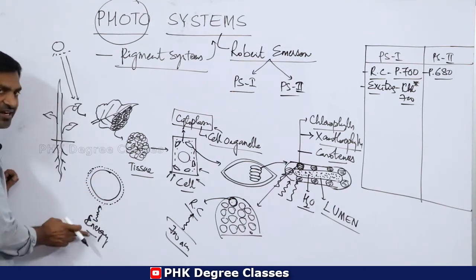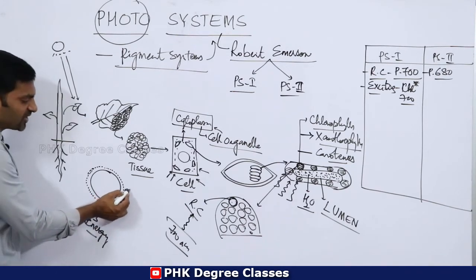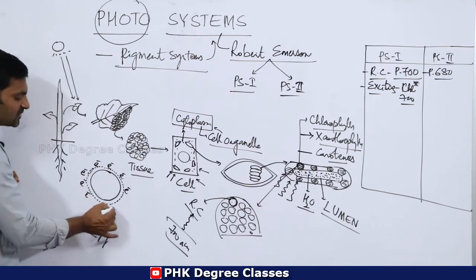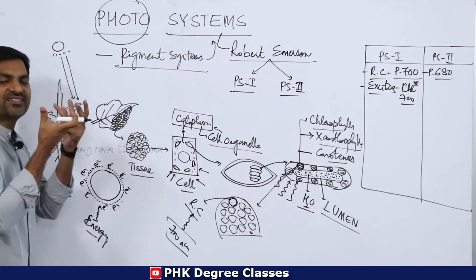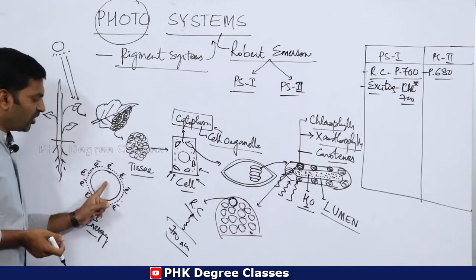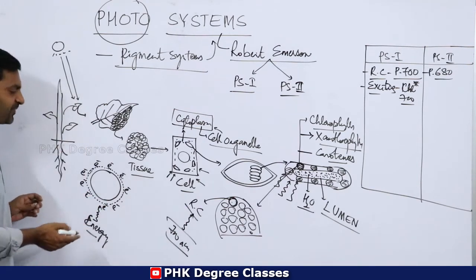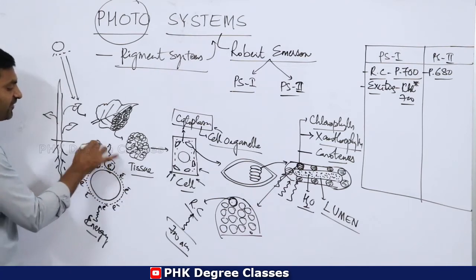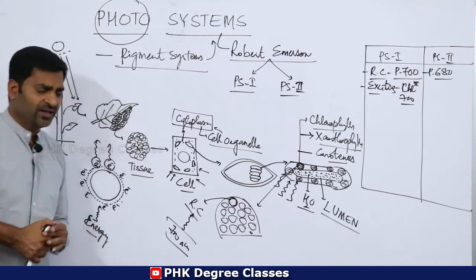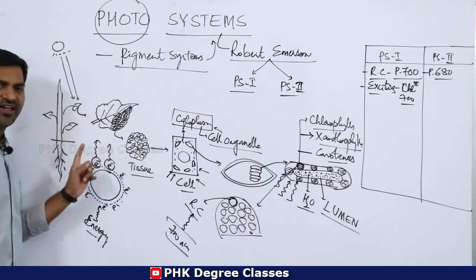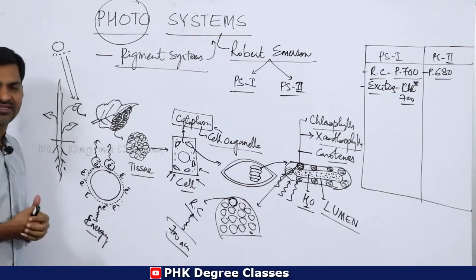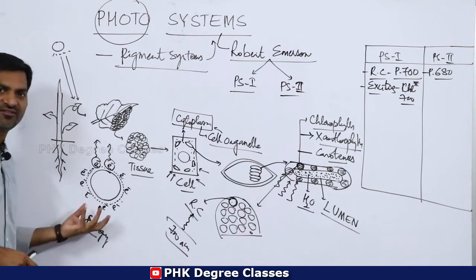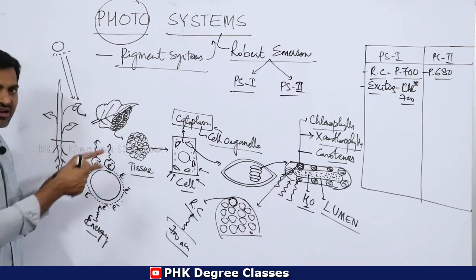Whenever it receives energy, the outer orbital electrons are there in the outer orbital, right? So these electrons will be excited, and finally the electrons are lost after receiving energy. So electrons are lost when the molecule becomes excited, when it receives energy. What kind of energy in this particular context?